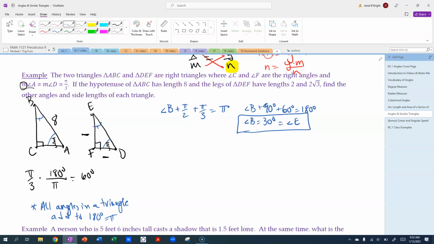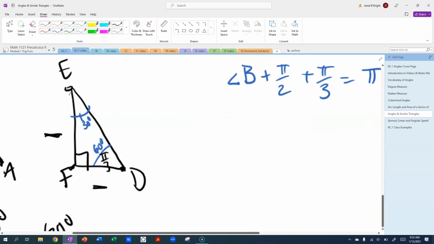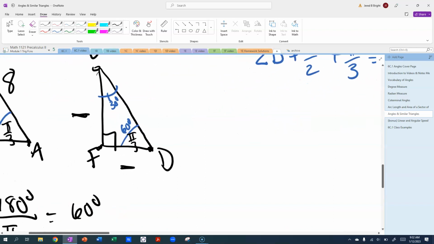Okay, so now we have similar triangles. Great, so we can use proportionality. I still have the problem though. I don't know which is length 2 and which is length 2 square root 3. And the big tip here is, if we know that this is, let's say, 60 degrees and this is 30 degrees, the shortest side is across from the smallest angle.